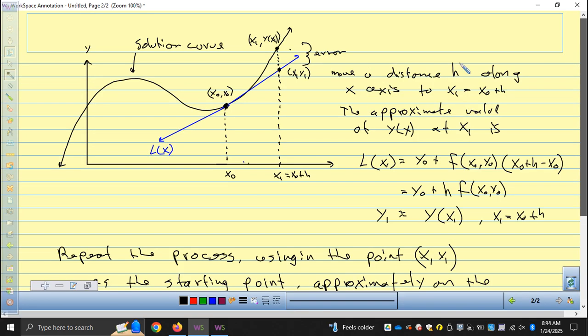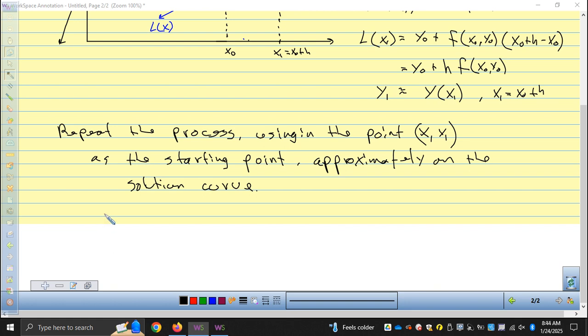And we do this: we construct a tangent line using the slope of our function at this point. And then we move a slight distance, h, along the x-axis, and we get a new y value approximation at a point on the curve. So x2 equals x1 plus h, which I could say is x0 plus 2h.